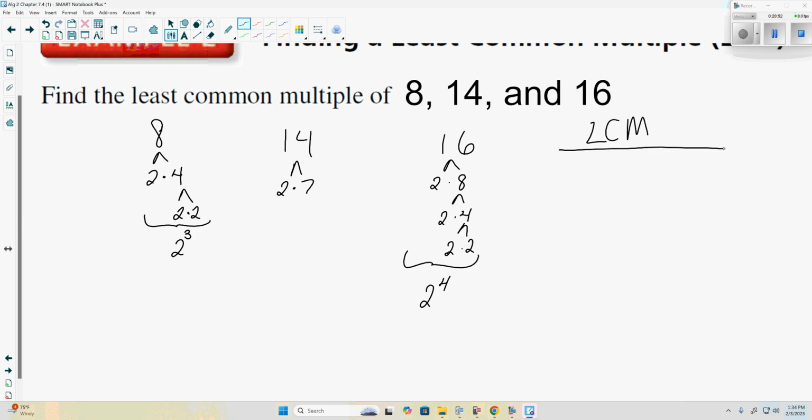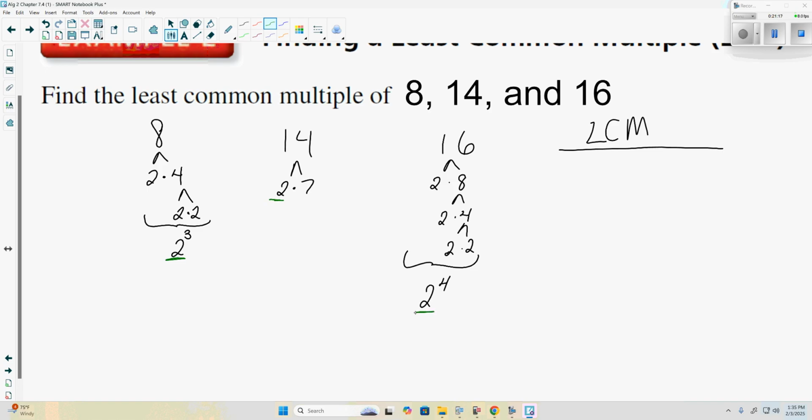Now for the least common multiple, we want whichever one of these has the most factors of a given factor. So let's look at 2 first. For 8, how many 2's do we have as a factor? 3. For 14, how many 2's do we have? 1.